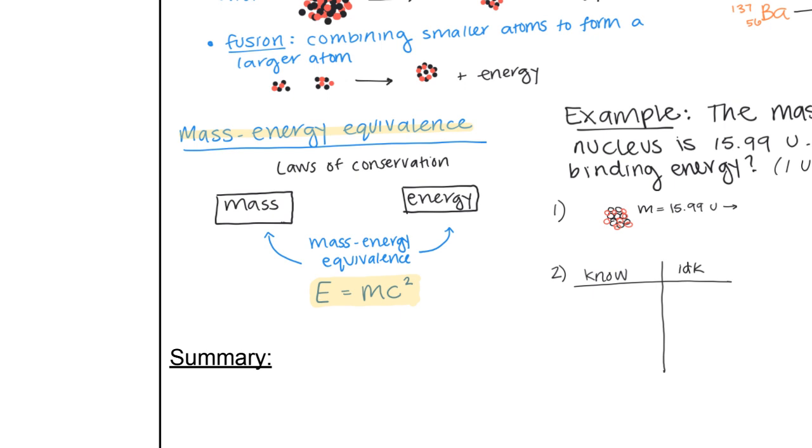So this says that the energy of an atom or some other object is equal to the mass of the atom or a portion of the atom times the speed of light squared.